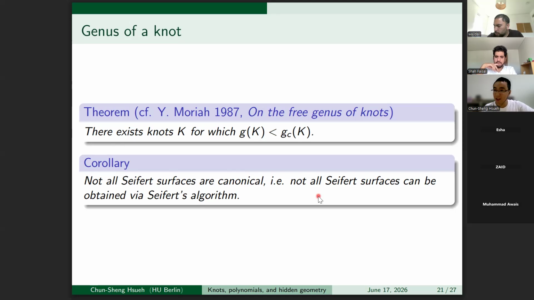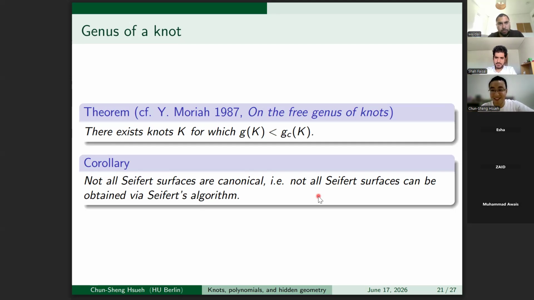So you take any diagram, you will never get the minimal genus one by doing Seifert's algorithm. Different diagrams might lead you to a different genus, but you might never get the minimal genus one.